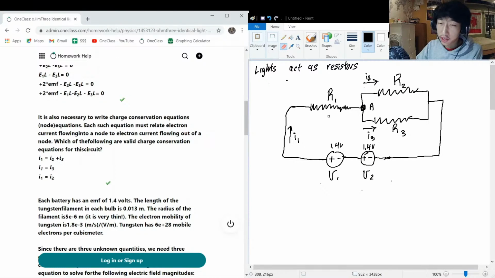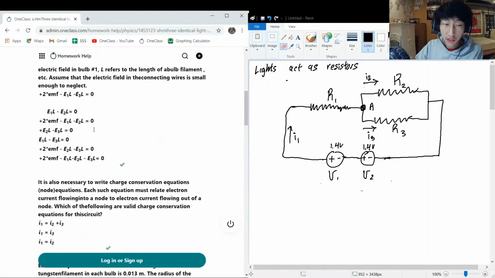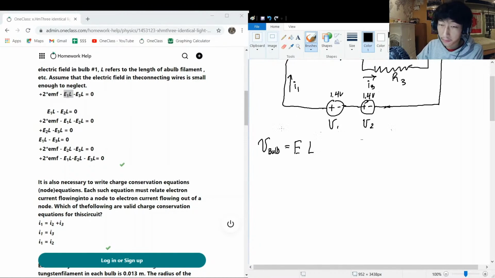We just want to find the voltage across each one of these resistors, as well as the resistance of each one, because once we have the voltage of a bulb, this voltage is going to be equal to the electric field inside multiplied by the length of the filament. And we know the length of the filament, so once we get the voltage, we can just divide by the length of the filament to get the electric field.